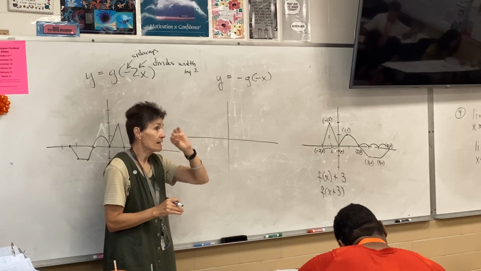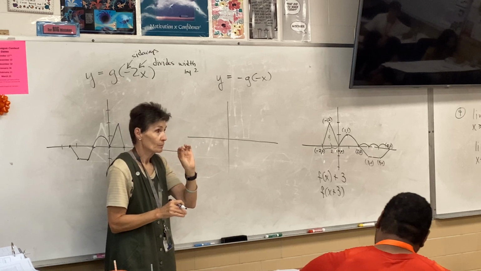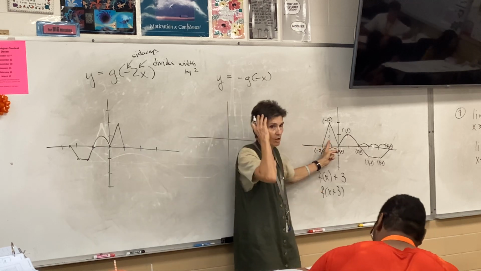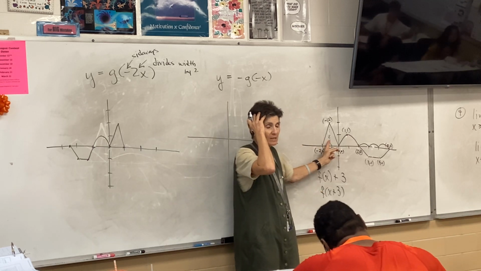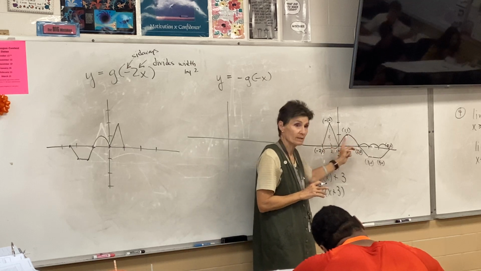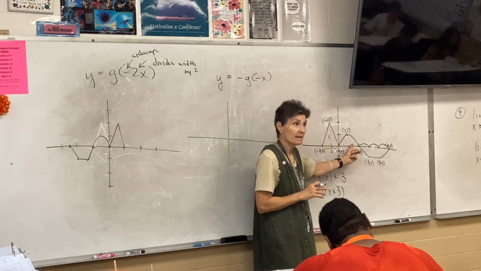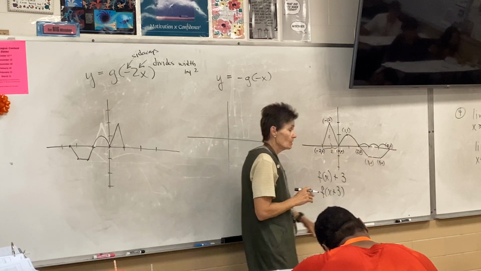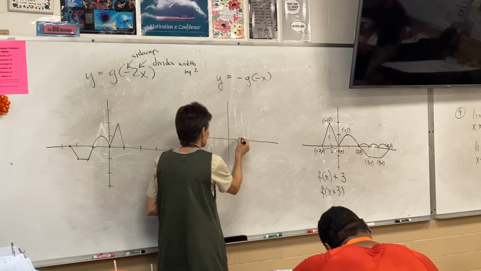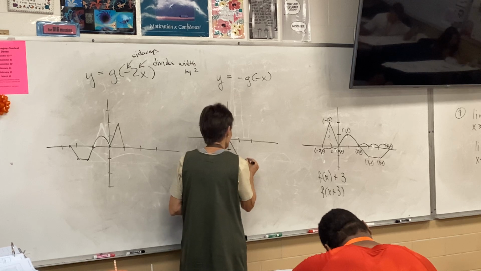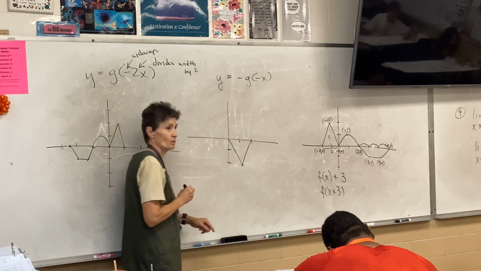Now, is any height or width changing? Nope. So this triangle, let's see if we can do this all at once, it might be too much. This triangle is going to the right, and it's going upside down. So it's staying the same exact size, but it's switching sides and switching direction.